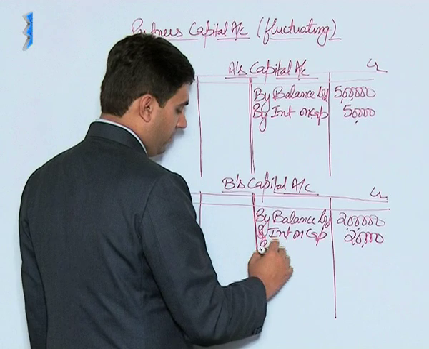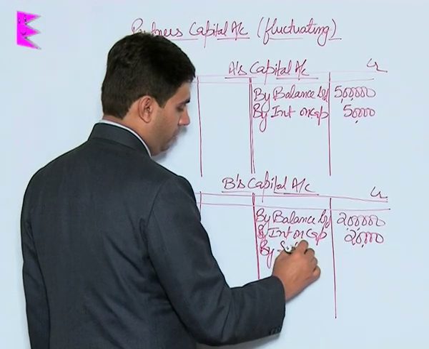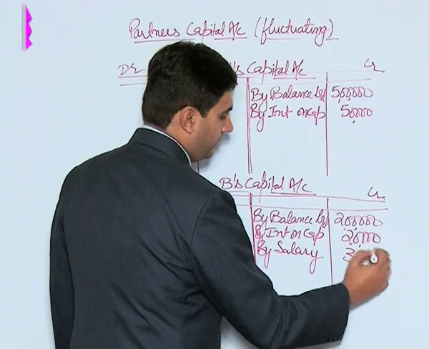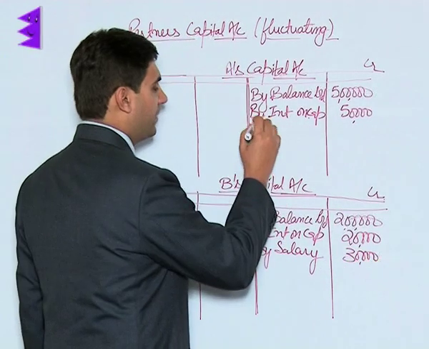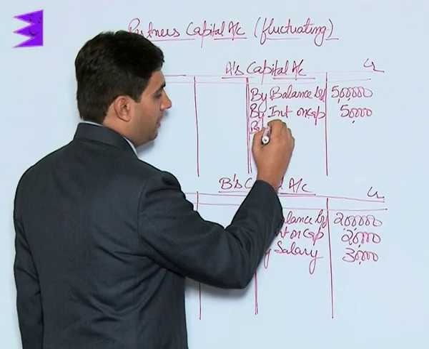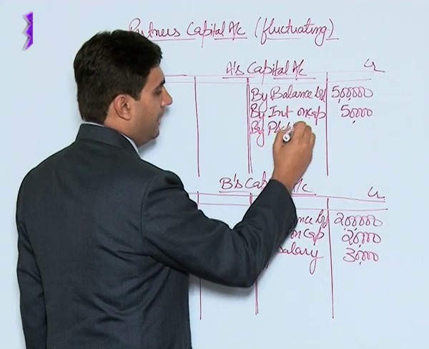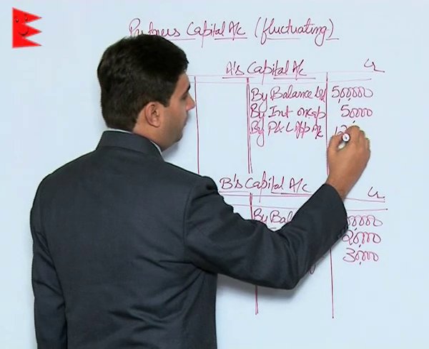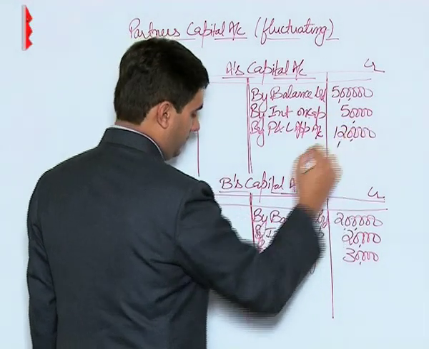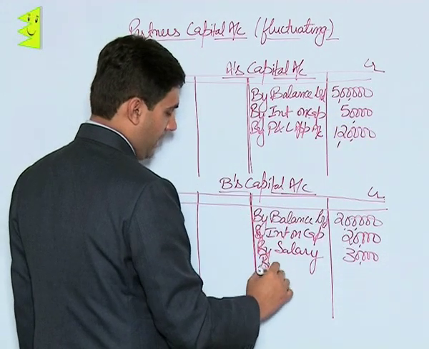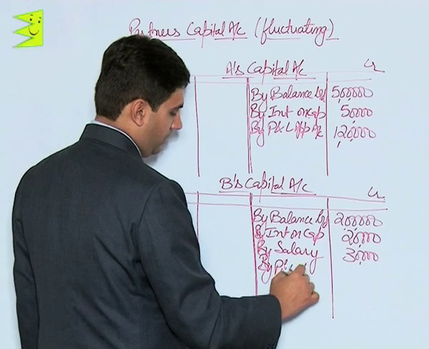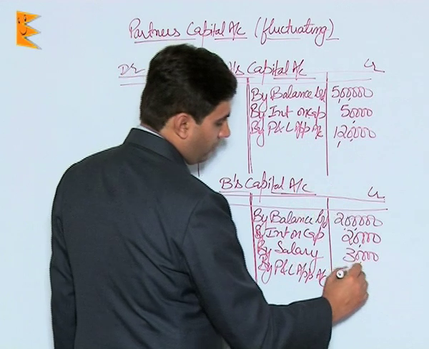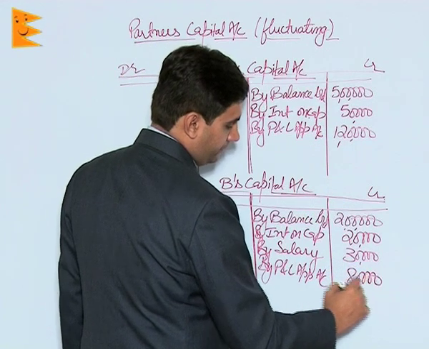For B we had salary also, which appeared on the debit side, so 30,000 here. Then the profits of the partners by P&L appropriation account. For A the value of profits was 1,20,000 and for B, by P&L appropriation account, the amount was 80,000.